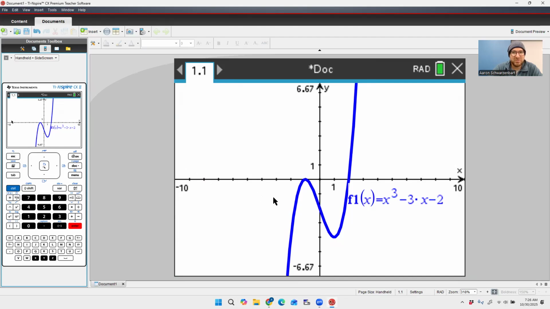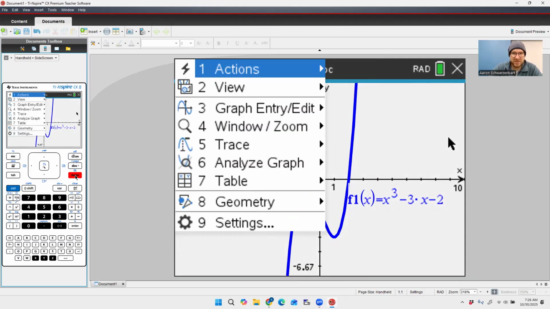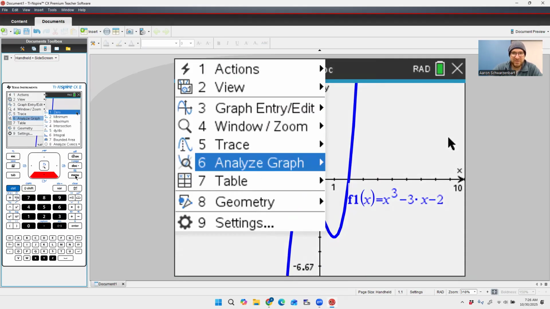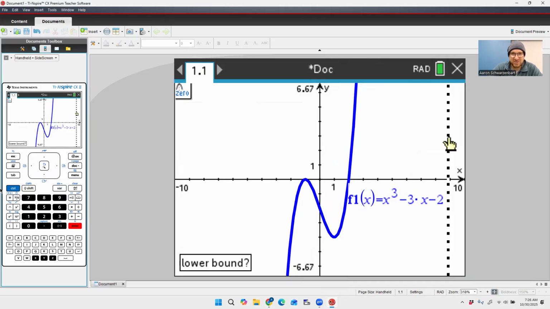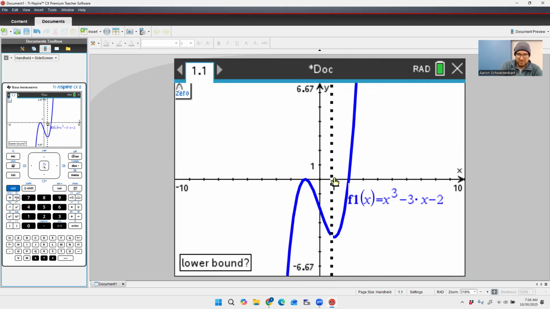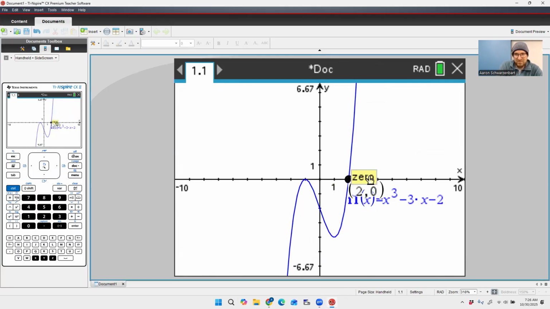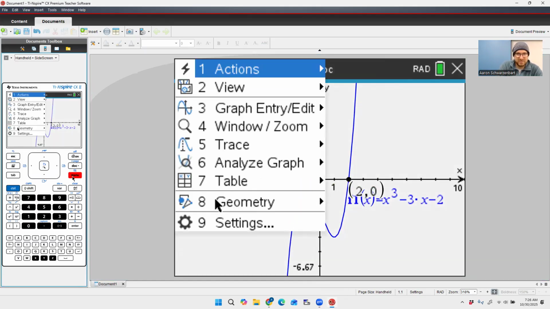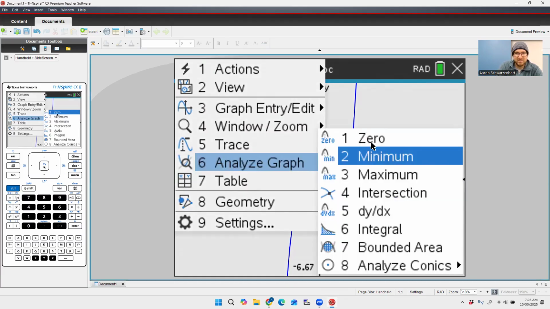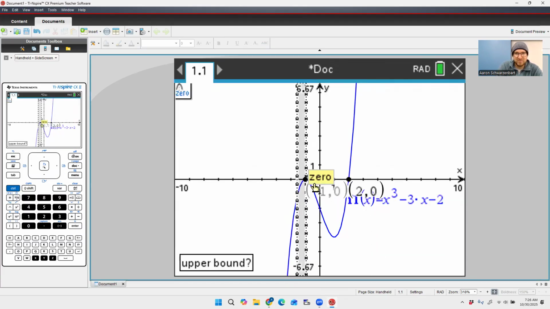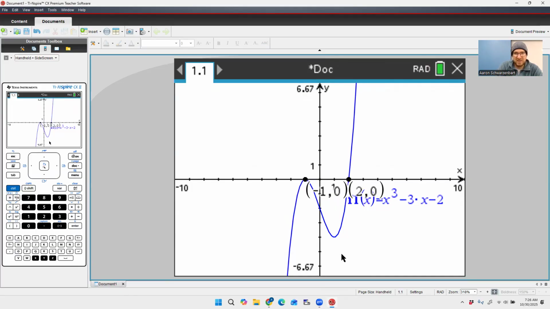So relevant points would be things like intersections or x-intercepts, maxes, mins. So I find those with analyze graph. Let's do the zeros first. Okay, that is right on there.